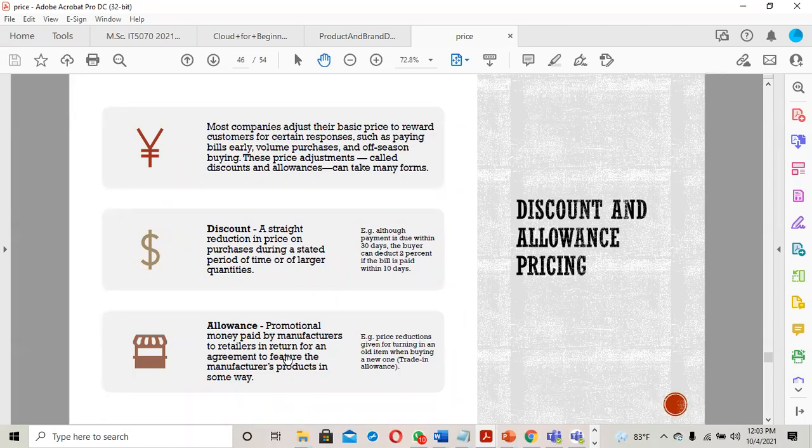And then there are allowances. For example, now there are these Singer TVs. When you're going to buy a Singer TV, if you give them an old TV, then they reduce the price of that Singer TV. I think you're quite familiar with that.